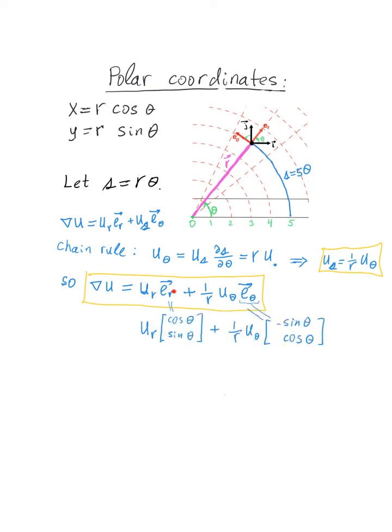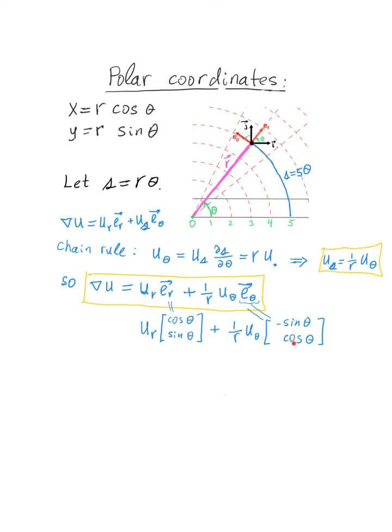So the vector er: if we take vector i rotated by theta degrees, we get the vector cosine theta, sine theta. And similarly, if we rotate vector j by theta, we get the vector minus sine theta, cosine theta.